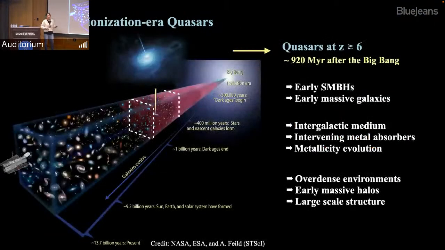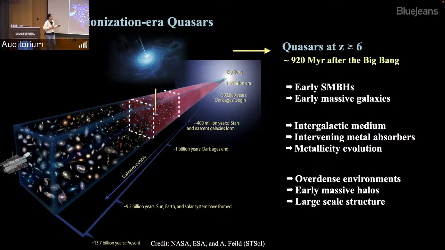Based on these basic properties of quasars, if we go to higher redshift, to the reionization epoch, what can we learn using these quasars? By reionization-era quasars I mean redshift above 6, about 900 million years after the Big Bang. These high-redshift quasars provide unique and valuable information on supermassive black holes in the early universe, early massive galaxies, and intergalactic medium evolution during the reionization epoch.